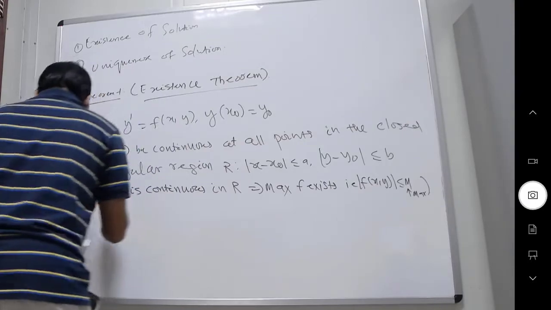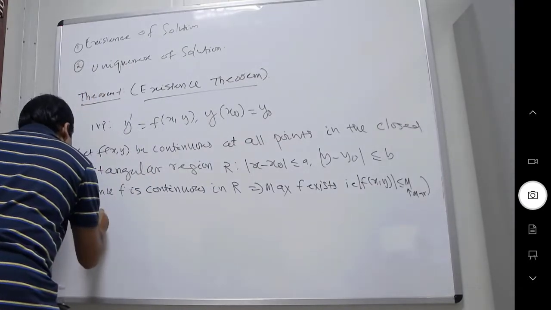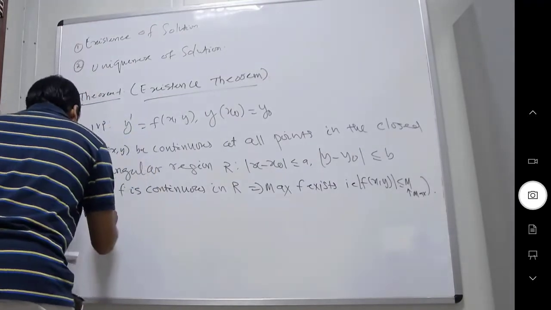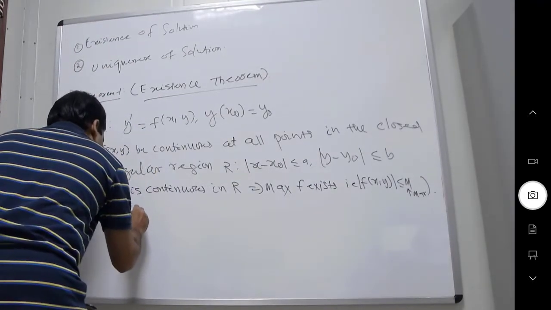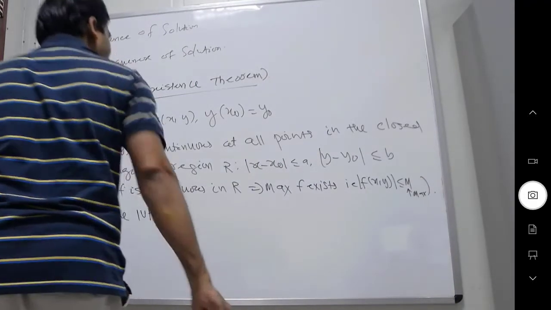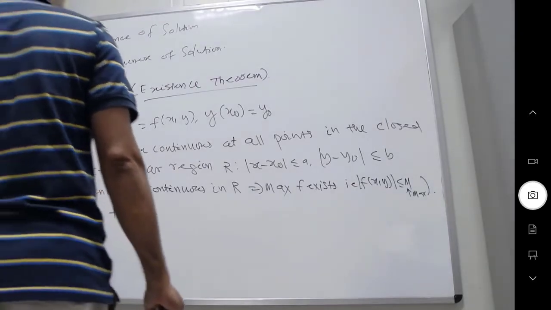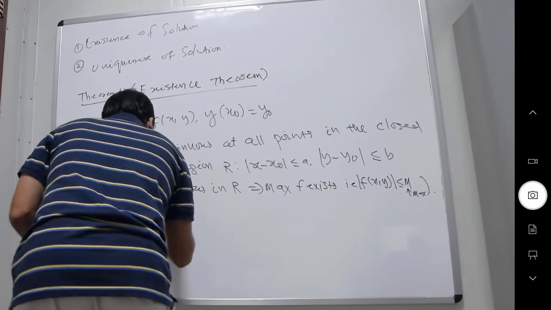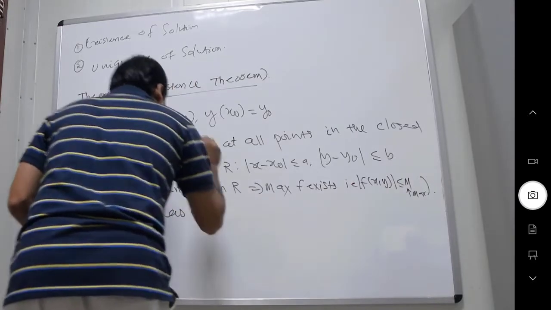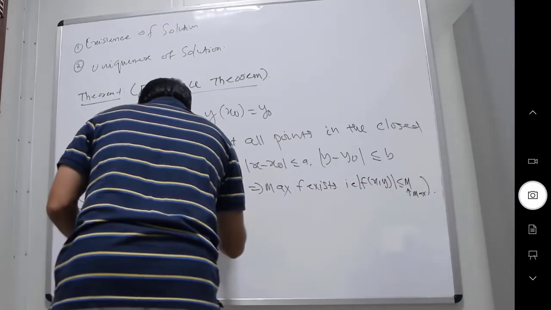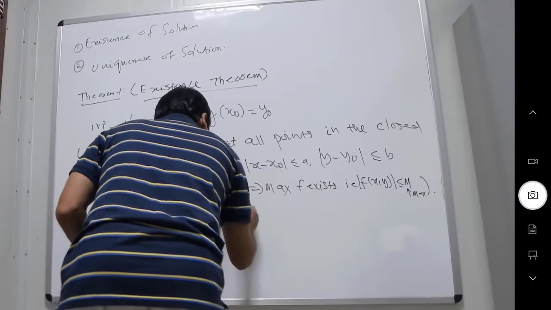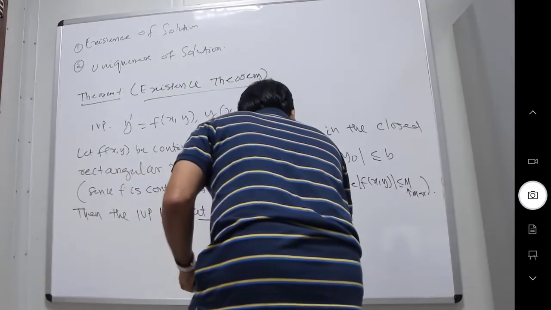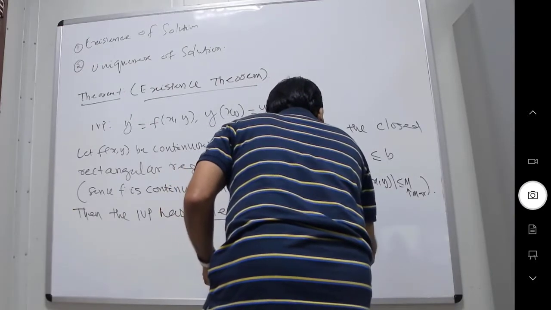So if the function is continuous in a closed rectangular region R, then the IVP has at least one solution. It may be more than one, but at least one solution I can tell.